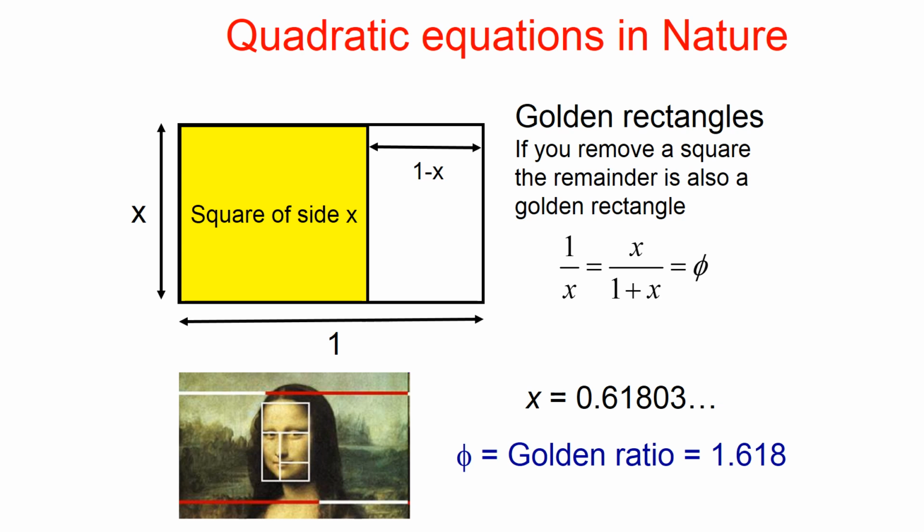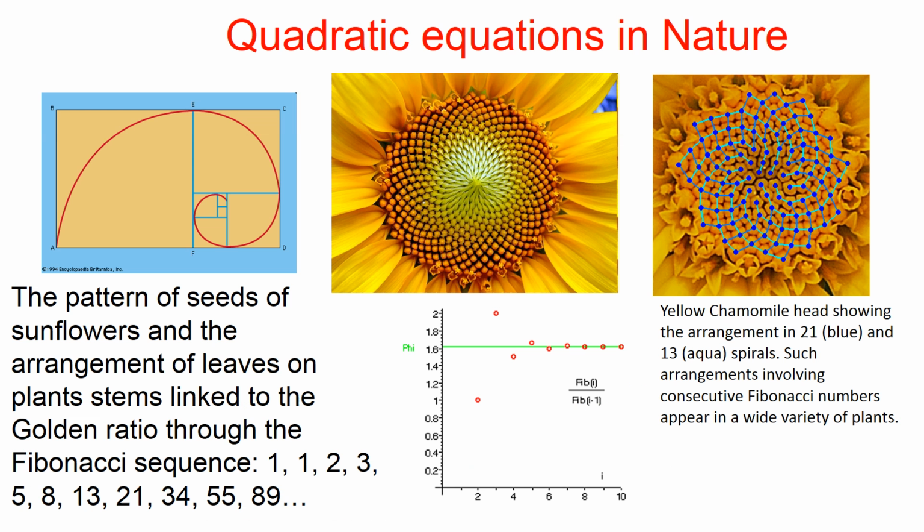But anyway, this ratio turns out to be quite pleasurable to look at. If you draw these rectangles and draw semicircles within each of those squares, you get this nice spiral, which appears in nature a lot.